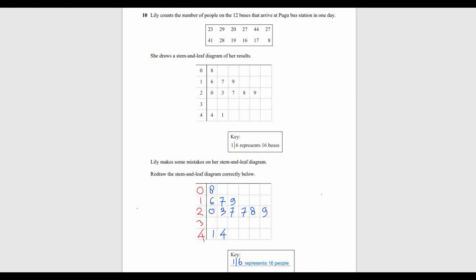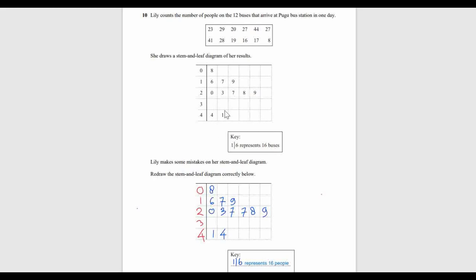So here's the answer. So we just write down all the numbers according to the data in the box here. What mistake Lily made is that 27 was only written once, since there are two 27s, so we will put 7 and 7 two times. That's the only mistake.